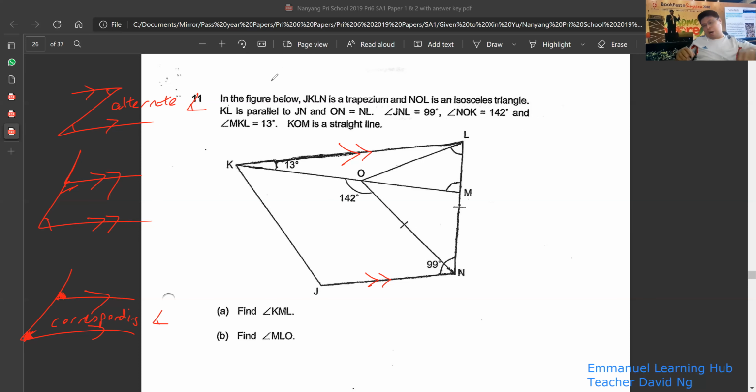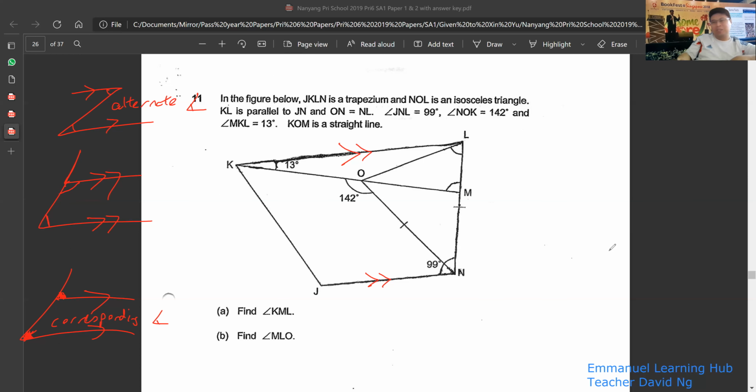Okay, because you need to know, right? You are not just studying for PSLE. You're studying for the knowledge that you need in secondary school. Does that make sense to you? Yes.